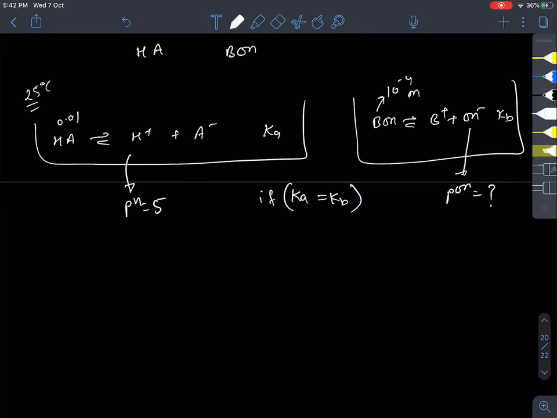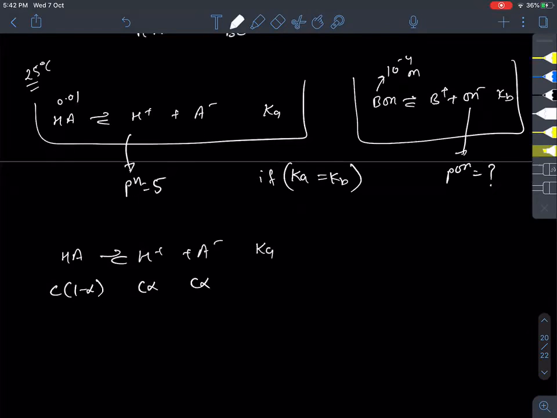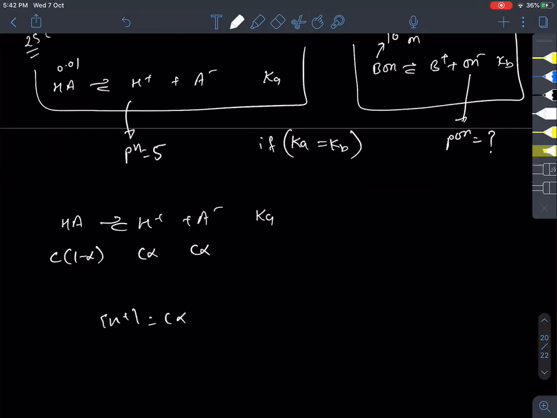Now as you know, HA is converting into H plus plus A minus. For the equilibrium constant, pH is 5, that means this is C(1 minus alpha), this is C alpha, and this is C alpha. The concentration of H plus ion is simply C alpha, and pH is already given to you, right?